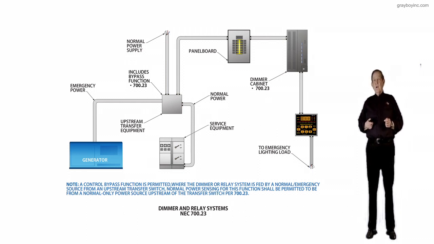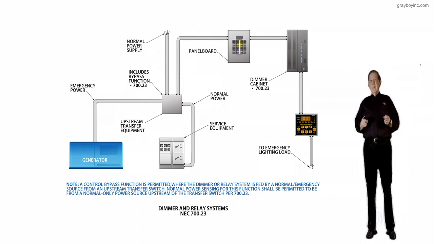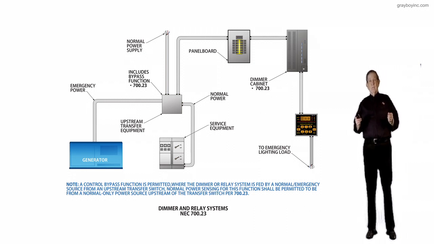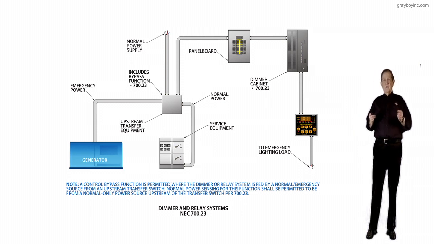And I would call your attention to one thing. If you're installing emergency systems, be sure that you review the entire Article 700 for additional changes that may affect your design and installation, as well as if you're the authority having jurisdiction. Review the complete Article 700.